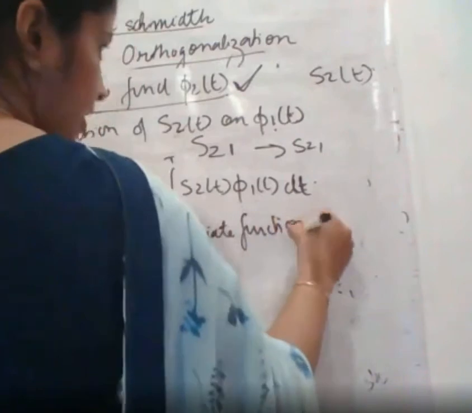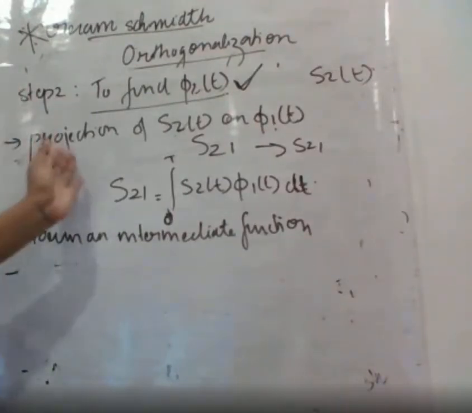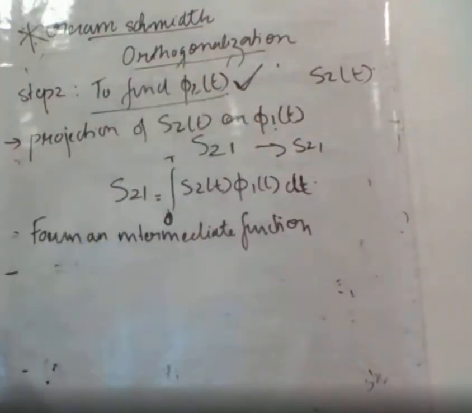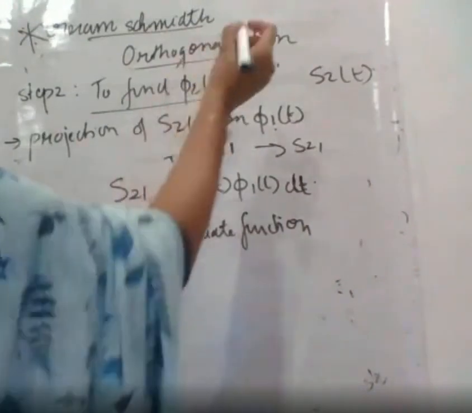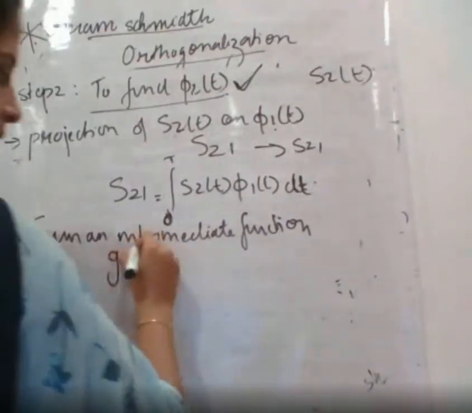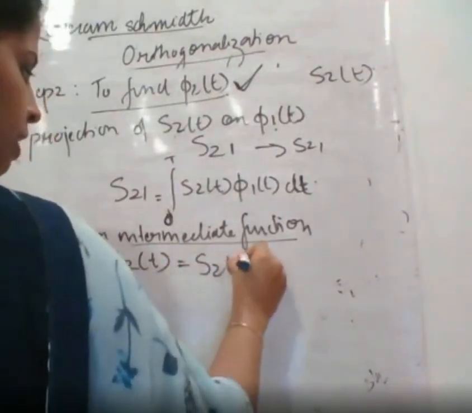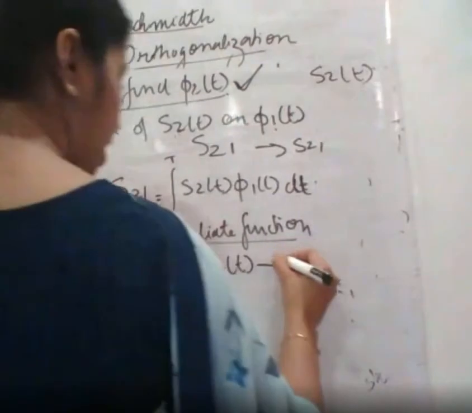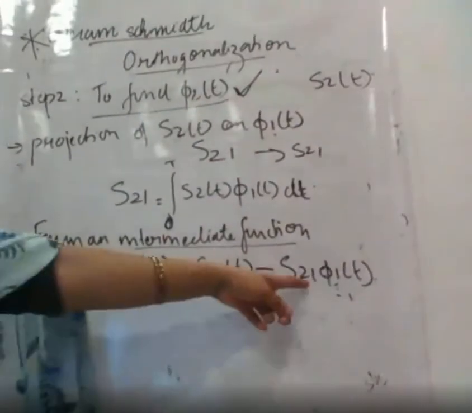So phi1 steps are very simple. From phi2 onwards, this is the basic procedure. That is, first we find the projection of S2 on phi1. Then we have to find an intermediate function. Here we are dealing with phi2, so the intermediate function is G2 of t. This G2 of t is nothing but the intermediate function. G2 of t is nothing but S2 of t minus S21 into phi1 of t, the projection into phi1 of t.